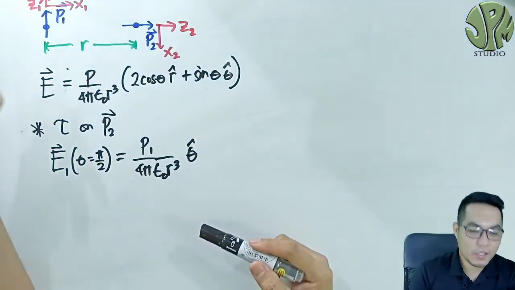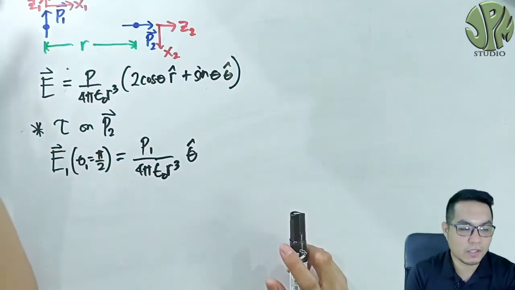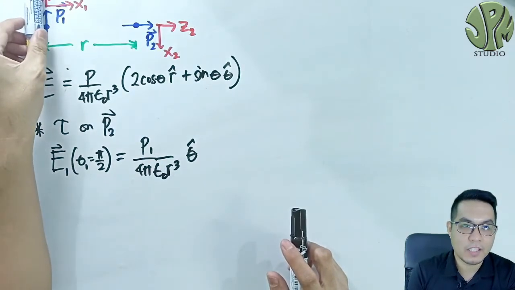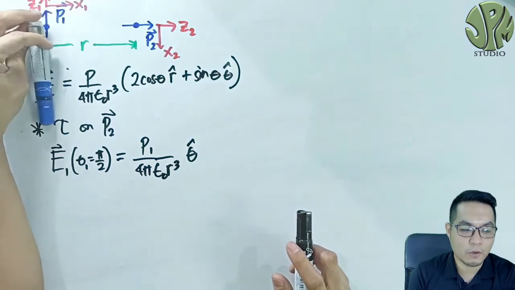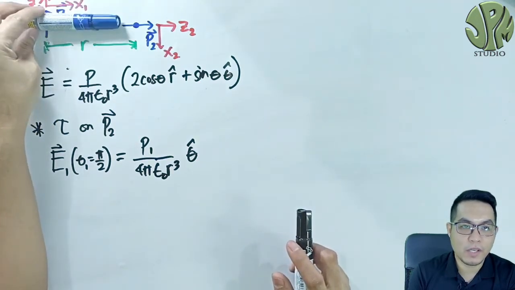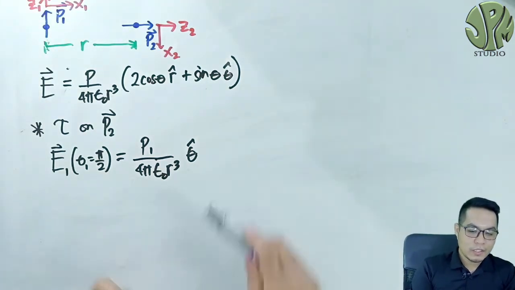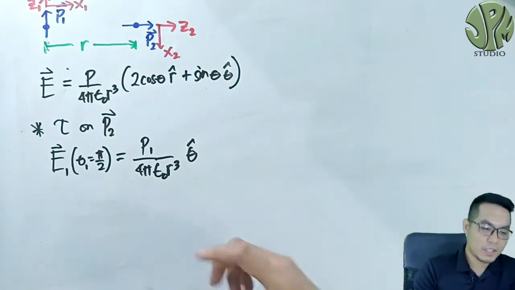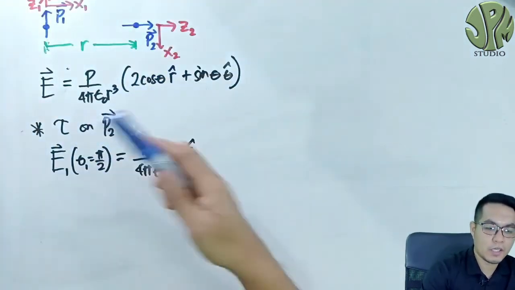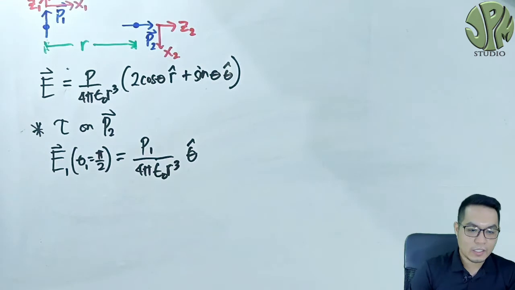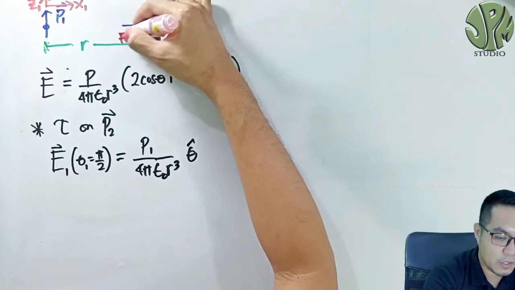Take note, this should be theta 1 because the angle is with respect to the z-axis of P1. You measure theta from the z-axis, from the North Pole to the South Pole. The location of P2 is 90 degrees, or pi over 2. The theta hat direction is just a line tangent to the circle here. So in this case, the theta hat direction for E1 is directed downwards. This is your E1 here.